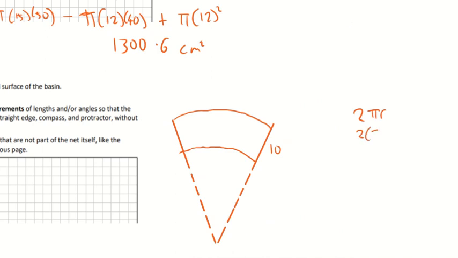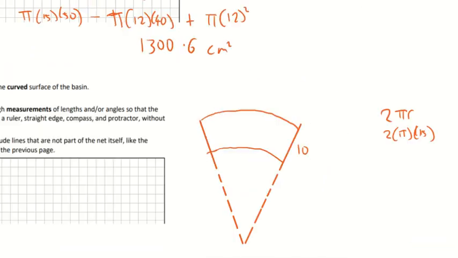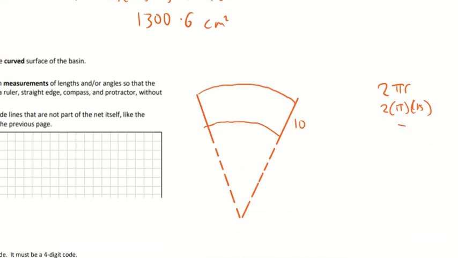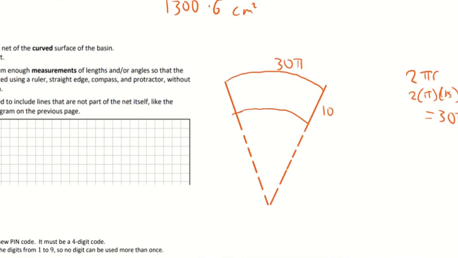So if you do 2 times pi times 15, because the radius of the big circle is 15, you'll just get 30 pi. You can do that in your head, you don't need a calculator. So 30 pi would be the top part there, and then the other one the radius is 12, so 2 times pi times 12 would be 24 pi. So the length here is 24 pi, because that's just the length of the circumference of that circle when it's opened out.